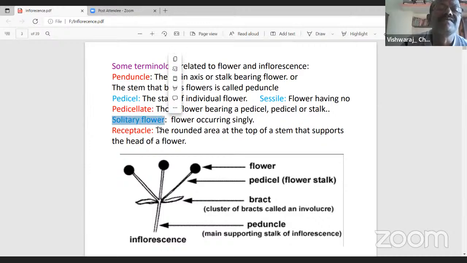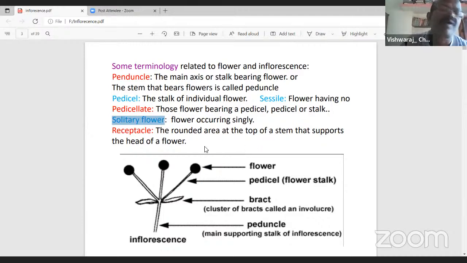And next, solitary flowers, also called single flowers, are flowers occurring singly. Suppose China rose, lotus, dhatura, a number of examples. That is a single flower.